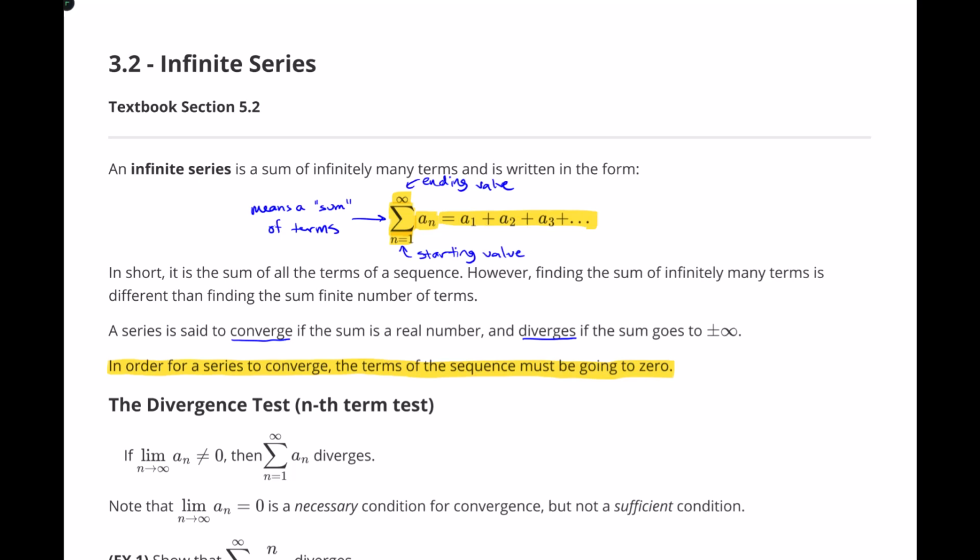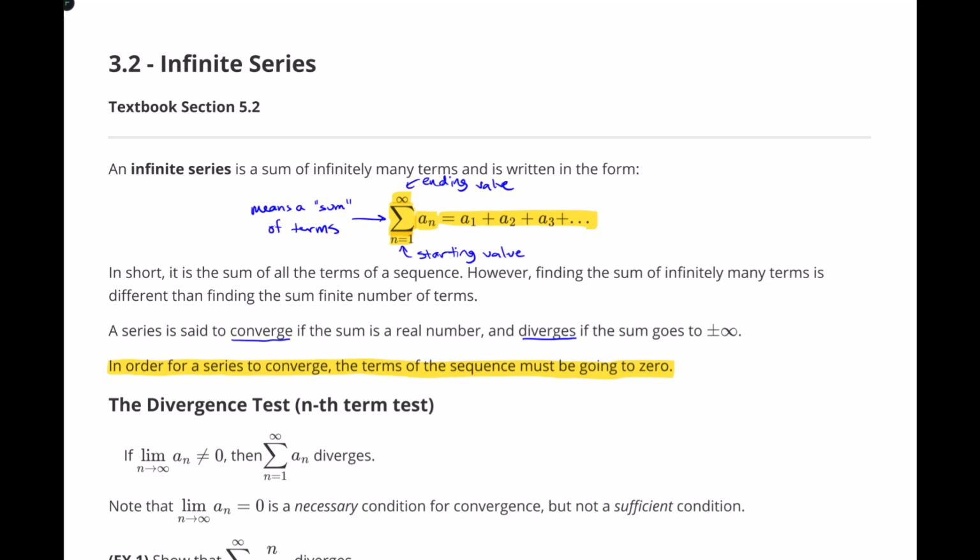Now, it should make sense that if you are going to have an infinite series that converges, your sequence terms have to be going to 0. Because if your sequence terms get larger and larger and larger, or even stay constant, then what's going to happen is you'll be adding more and more value to the overall sum with each iteration, which would never converge.